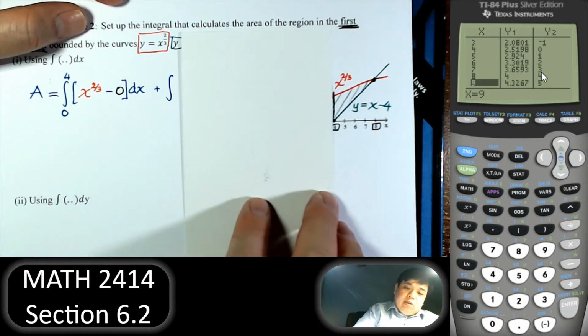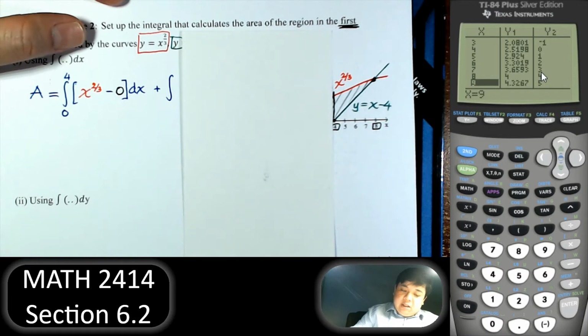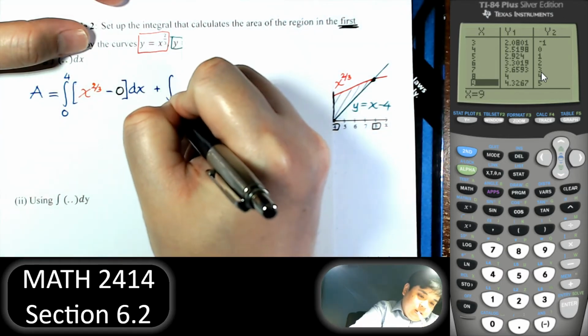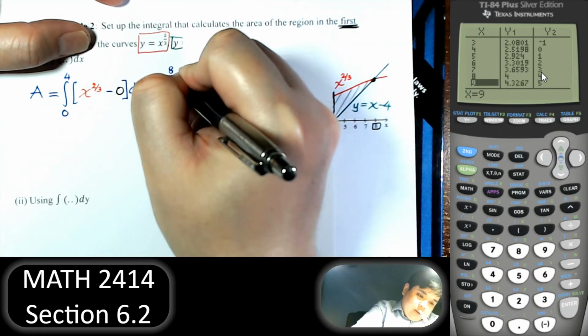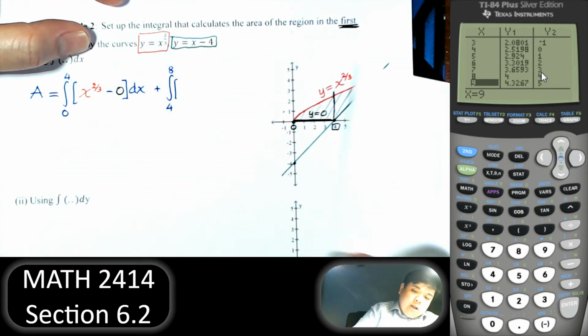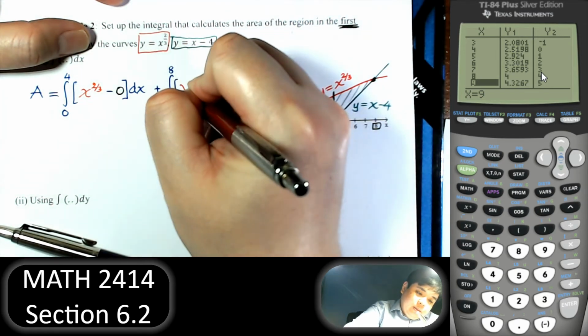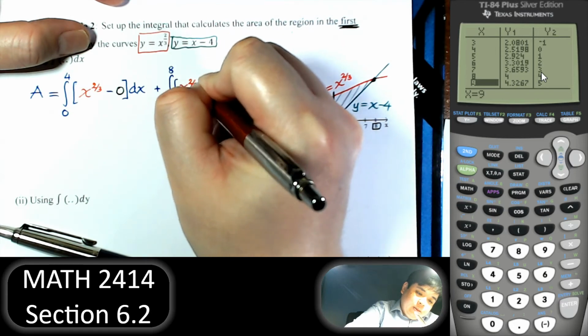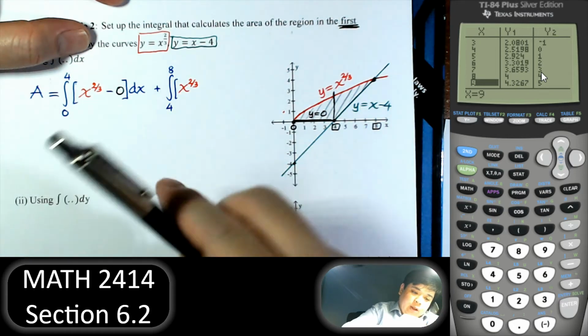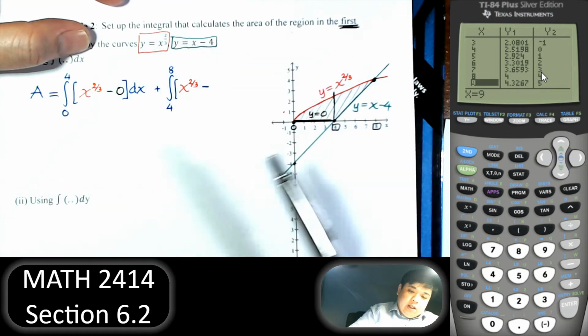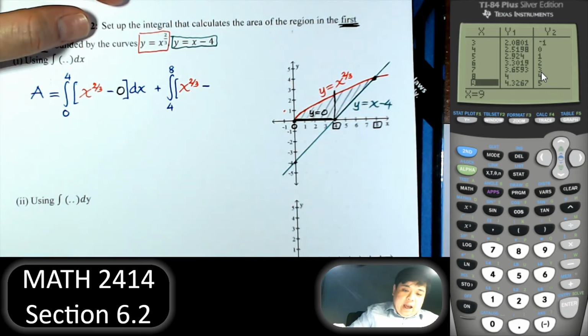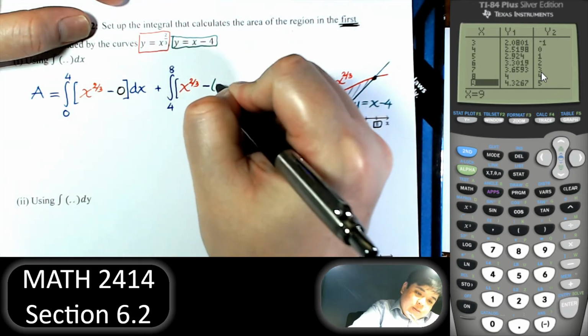And then from 4 to 8, the function above is x to the 2/3. The function below is x minus 4.